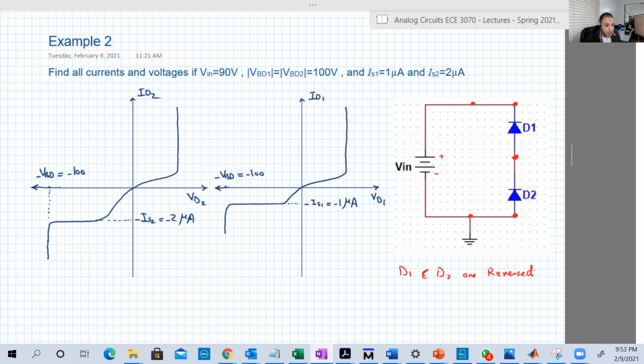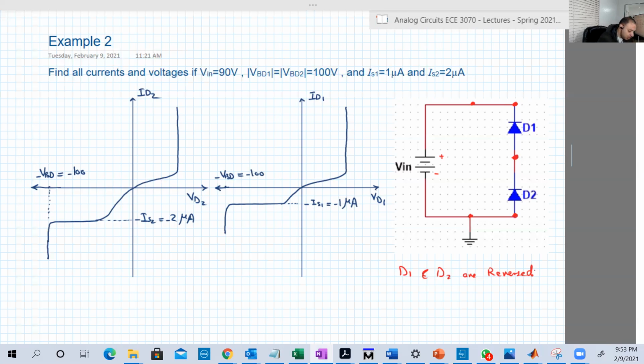According to the equation, both diodes have a breakdown of 100 volts. So if the reverse bias voltage reaches minus 100, they will break down. But I01 or IS1 is only 1 microampere, and IS2 or I02, the reverse saturation current, is 2 microamperes. It's double.